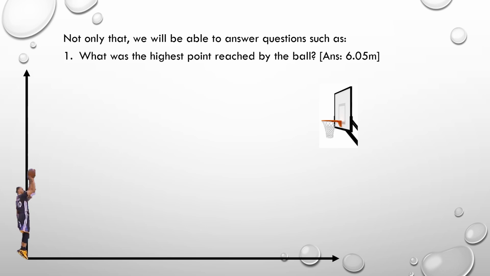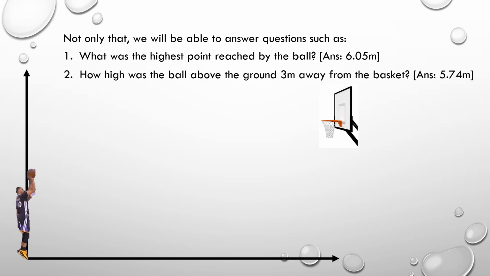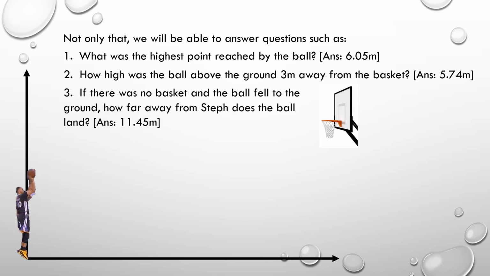In fact, once we learn about quadratic functions in this chapter, we will be able to answer more questions, such as what was the highest point reached by the ball? How high was the ball above the ground when it was 3 meters away from the basket? Or maybe what if there was no basket and the ball fell to the ground? How far away from Steph does the ball land?